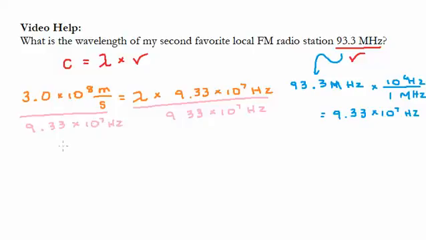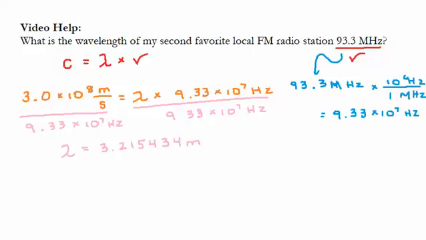And when I do that, I find that my wavelength, or lambda, equals 3.215434. And my units for wavelength, since this is hertz or seconds to the -1, and that will cancel with the seconds from my speed, it's going to be meters.